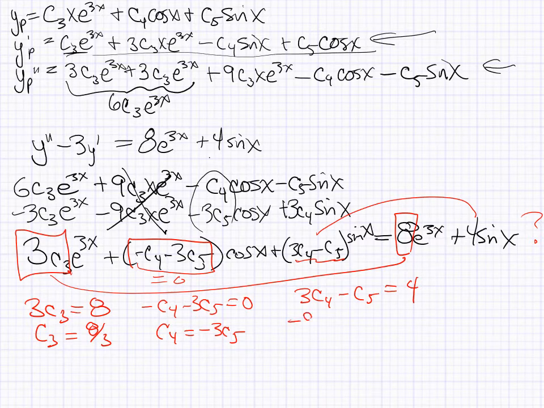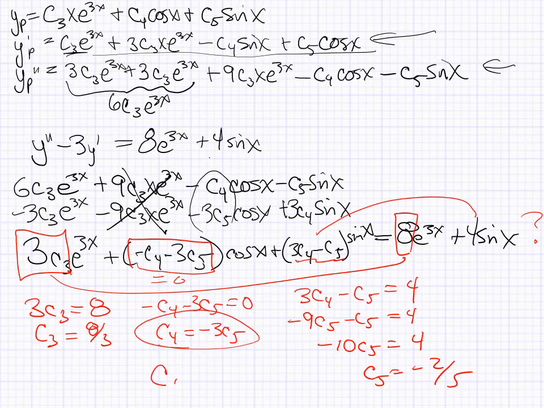This tells me that negative 9c5 minus c5 equals 4. So minus 10c5 equals 4. So c5 equals negative 4/10 or negative 2/5. Okay, and putting that back over here, c4 then equals negative 3 times that, so 6/5.